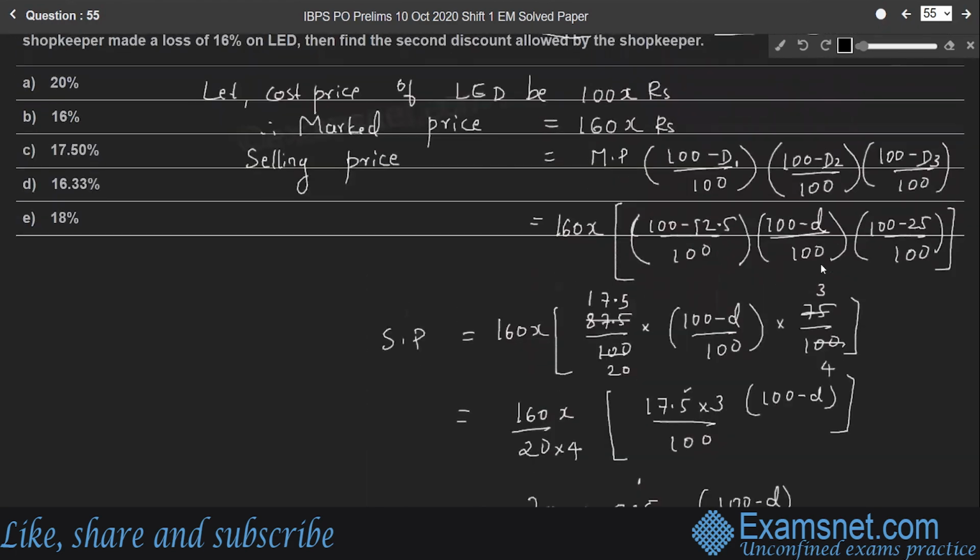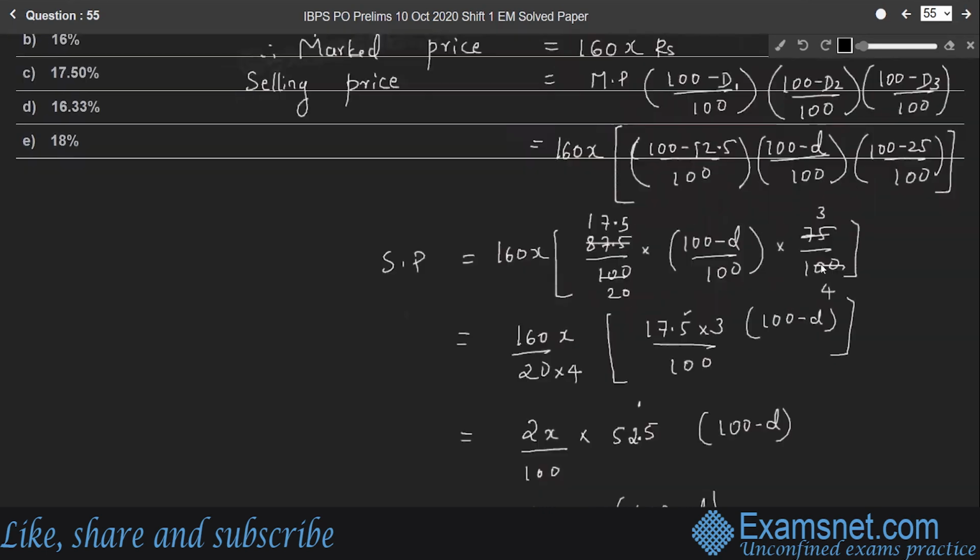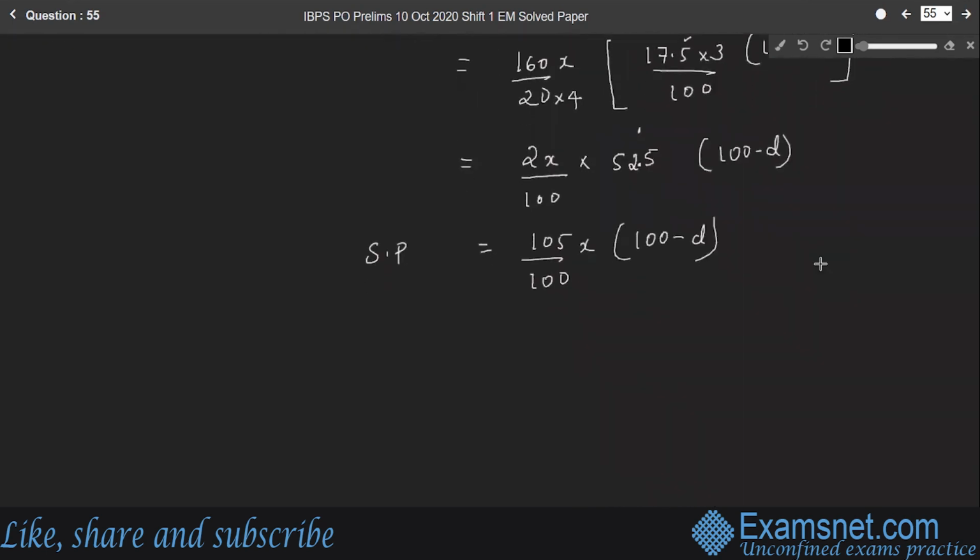So they made a loss of 16% on selling the LED, and the loss depends on the selling price. Loss is equal to cost price minus selling price.